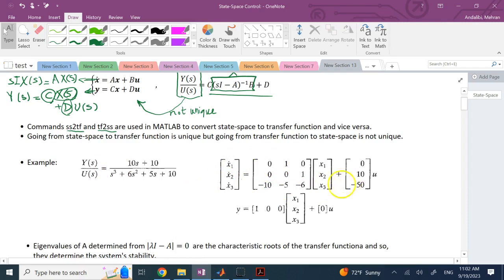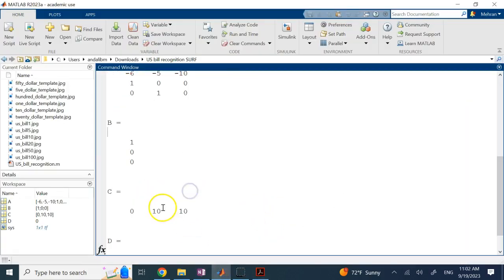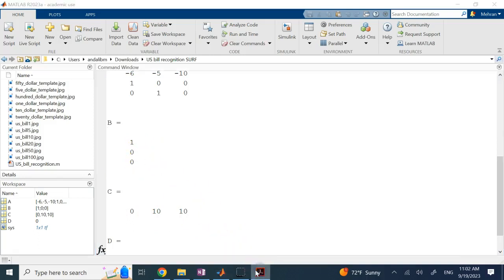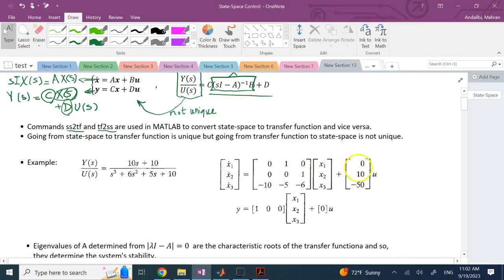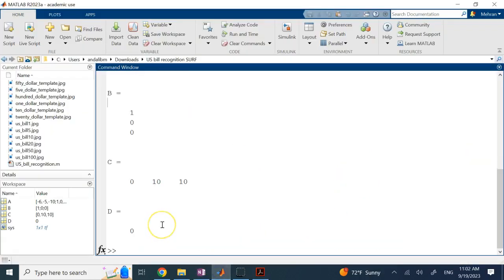And if you look at C, it's 1, 0, 0 here, and there it's 0, 10, 10. So the output probably looks different too, and B is 1, 0, 0. You can see B here is different, D is 0, and here is 0.